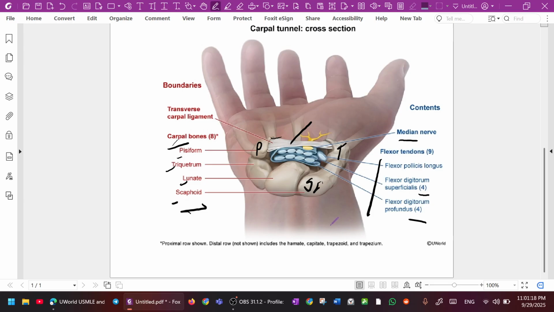So motor output for thumb abduction by the abductor pollicis brevis, opposition by the opponens pollicis, and flexion by the flexor pollicis brevis.